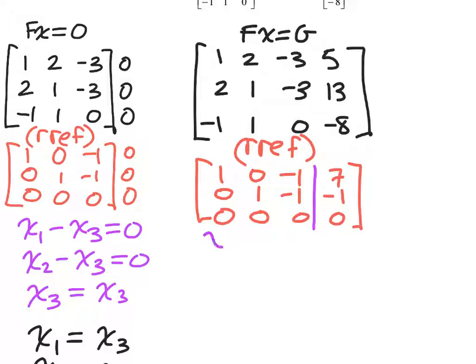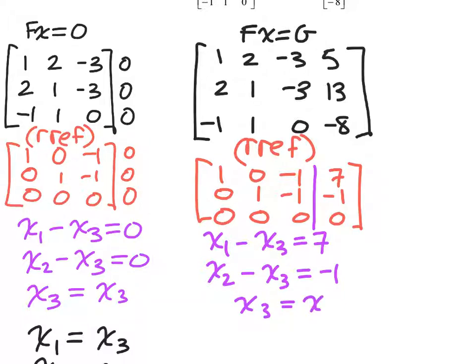So x1 minus x3 equals 7. x2 minus x3 is equal to -1, and also x3 is equal to x3.